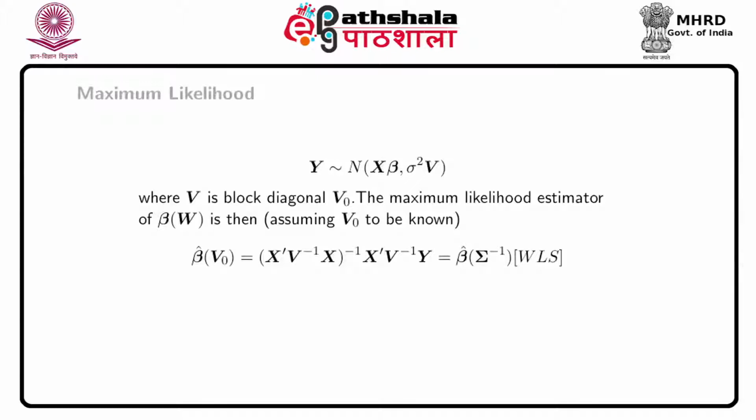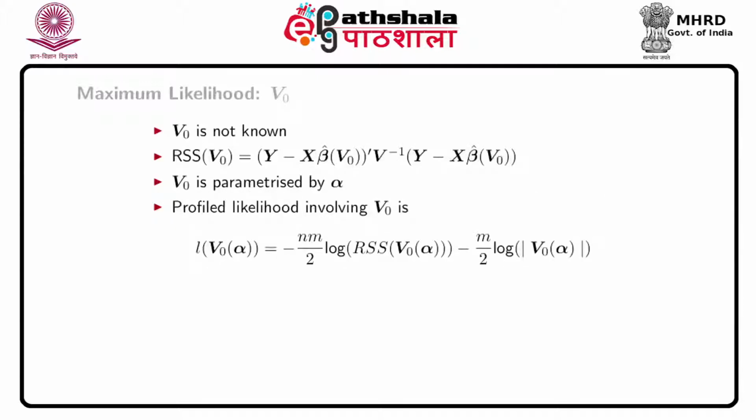Now, if we substitute beta hat V naught, because we know what exactly is beta hat V naught under weighted least squares, we can see that the log likelihood is now a function of sigma square and V naught, and it is minus half nm log sigma square plus m log determinant of V naught plus RSS based on V naught by sigma square, where RSS V naught is y minus x beta hat V naught transpose V inverse, y minus x beta hat V naught.